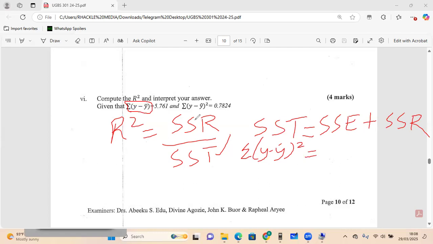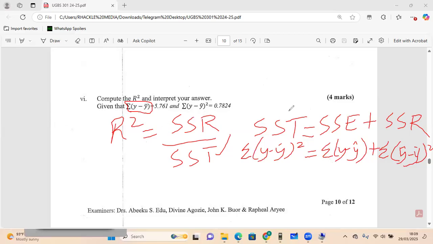And SSE is going to be the summation of y minus y estimate squared, and SSR the summation of y estimate minus y bar squared.